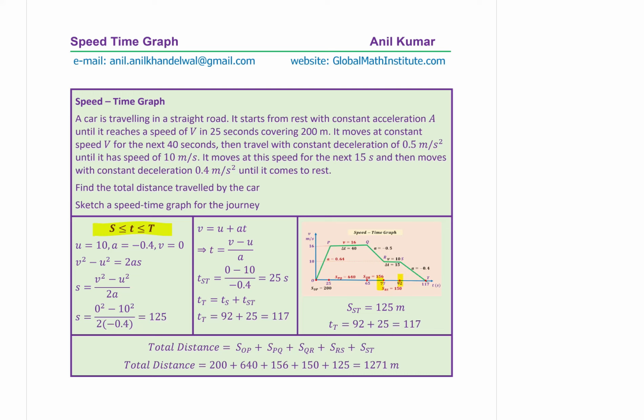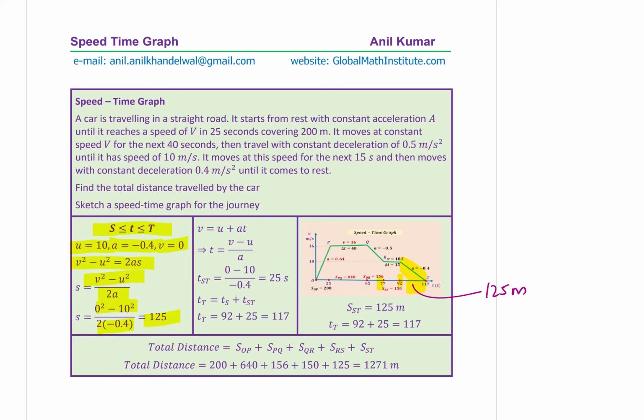Now let's analyze the last portion between S to T. Initial velocity is 10, acceleration is minus 0.4, final velocity is 0. It comes to rest. V square minus U square is 2AS. So S is V square minus U square over 2A. Substituting values, final displacement is 125. So this displacement here is 125 meters.